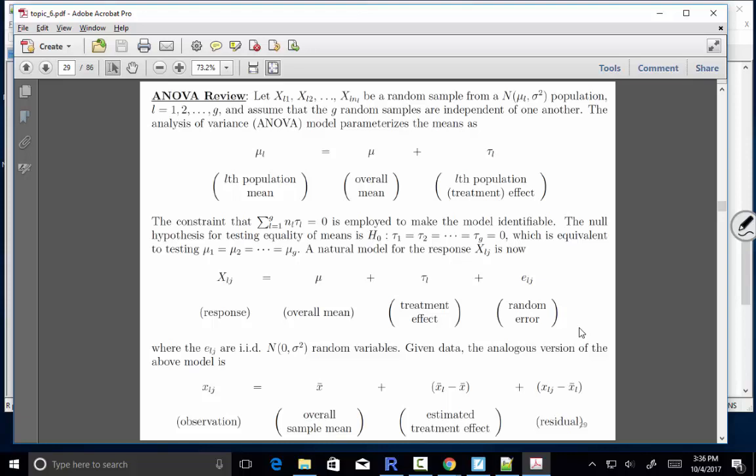Are there big group differences relative to differences within a group? And we talked in terms of between group variation and within group variation.